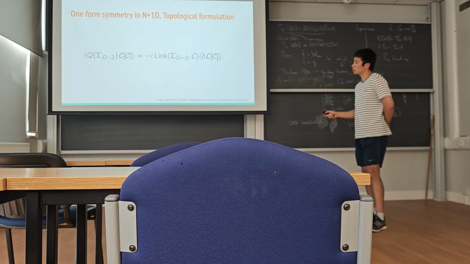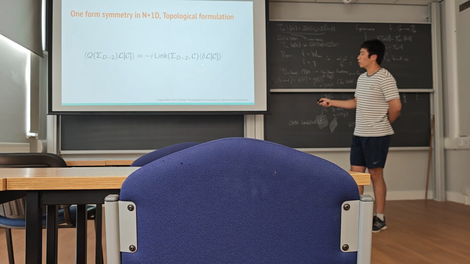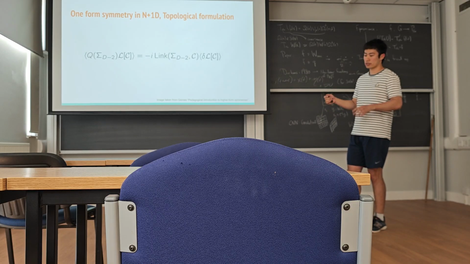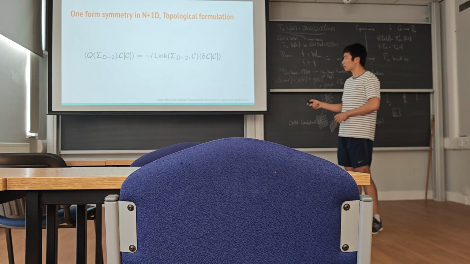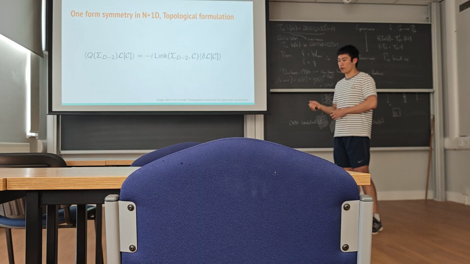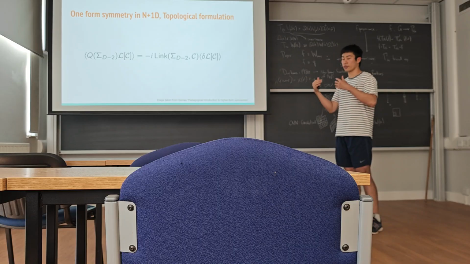This acts on the line operator defined on C. On the right hand side, we have a link between said d minus 2 dimensional submanifold and C. This link is slightly more abstract and harder to imagine, depending on the dimension. But the mental picture we should keep in mind is always that of summing the dimensions, and the sum is 1 less than the ambient dimension.